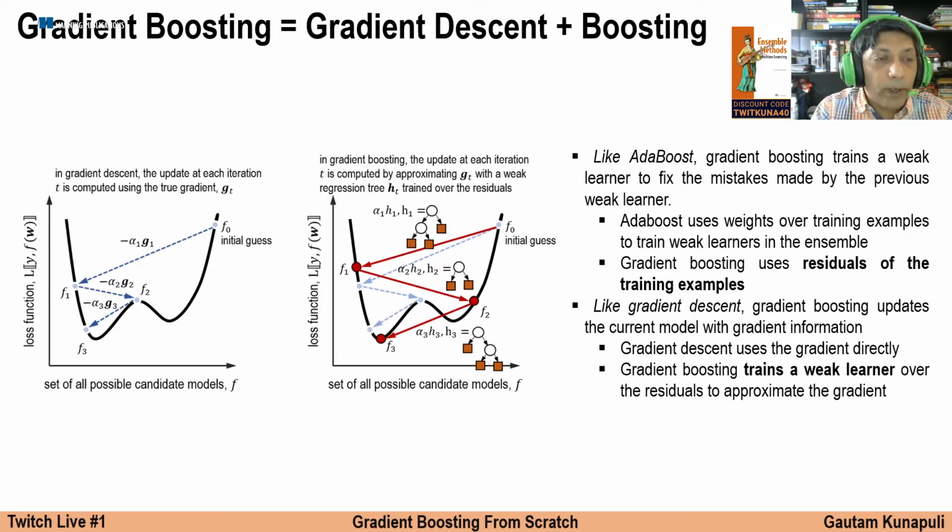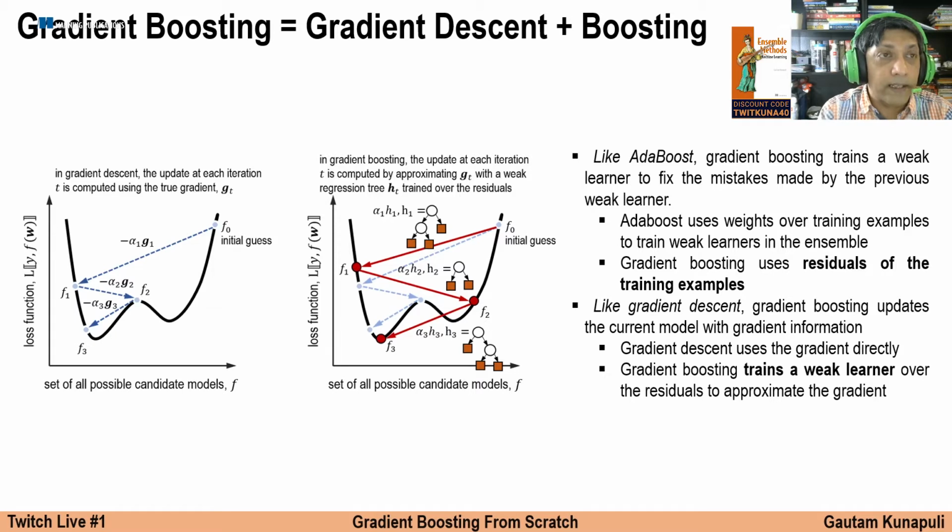And so putting all of these things together, gradient boosting can be viewed as gradient descent, which is an optimization algorithm, and boosting, which is an ensemble method. And that is precisely what gradient boosting does, right? So remember, to recap, what boosting wants to do is sequentially learn these weak models, one model at a time, in such a way that we are fixing the mistakes made by the previous model.